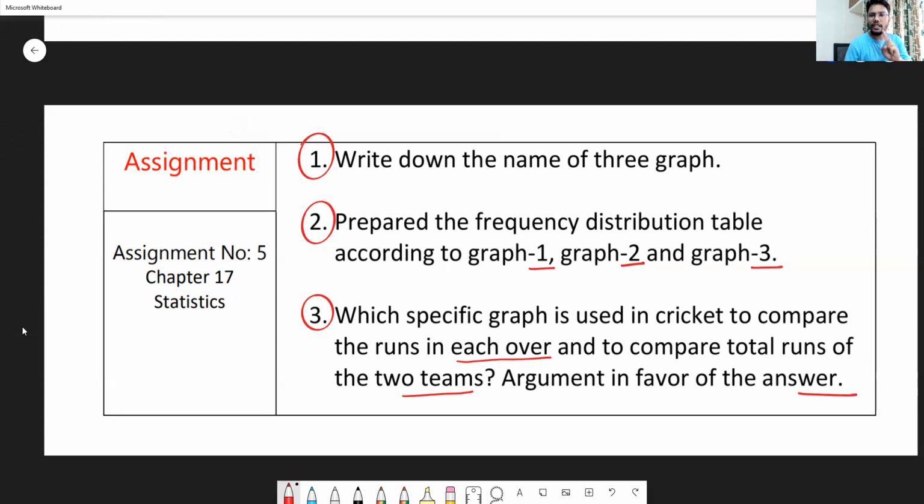That means, of the 3 graphs given here, which graph is used to compare each over of a cricket team, and which graph is used to compare the total score of the 2 teams? And you have to explain the logic behind your answer.